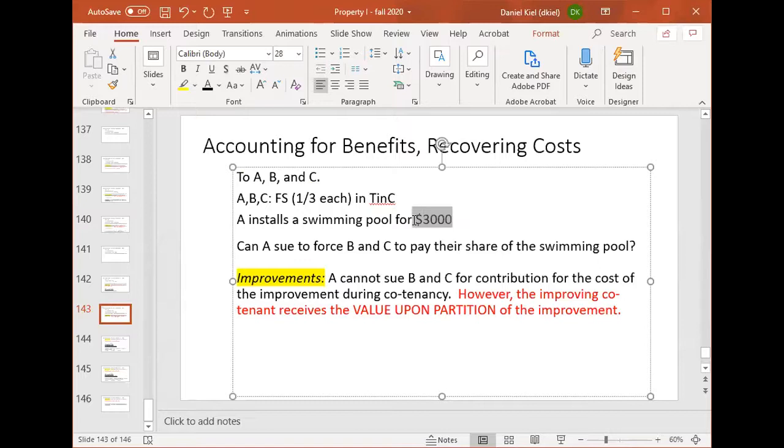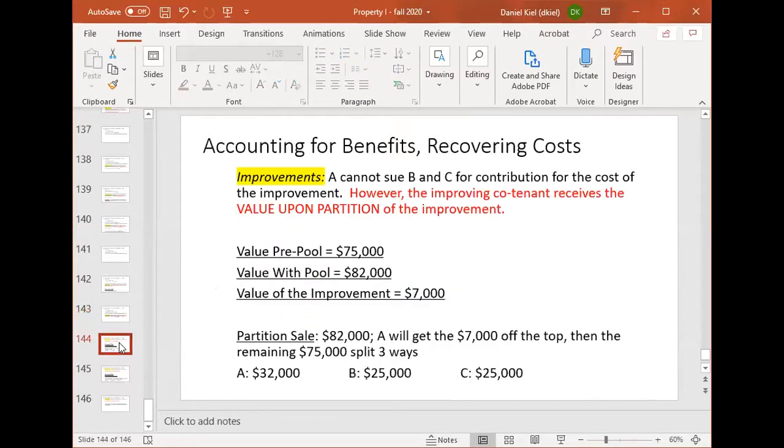Okay, the cost matters when it's a repair because you get credit for the costs. But with an improvement, it is a little bit different. You get value of the improvement. So what you need to know is not that it costs $3,000 to put in the pool. What you need to know is the impact that the pool had on the overall value of the property.